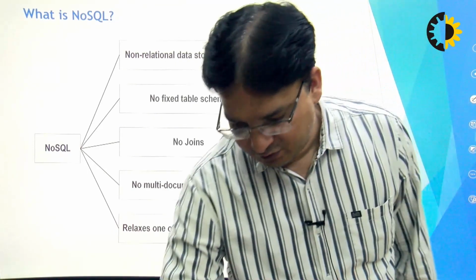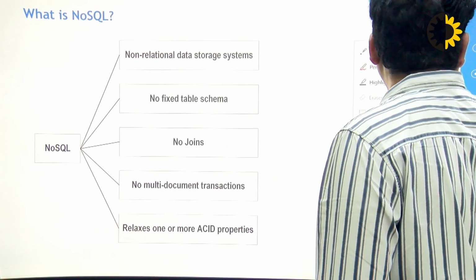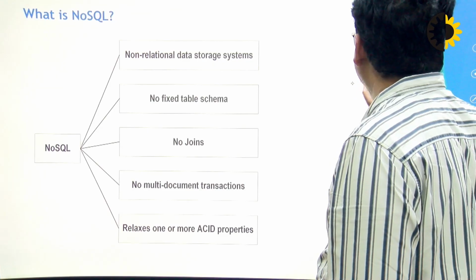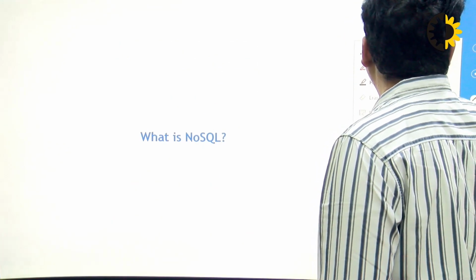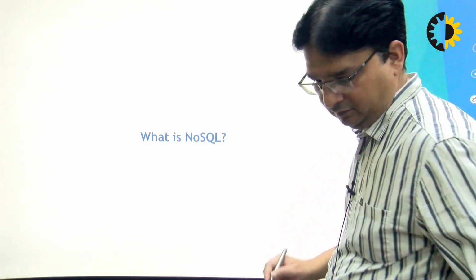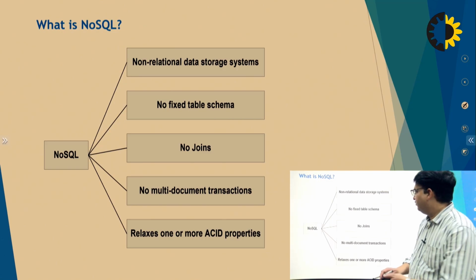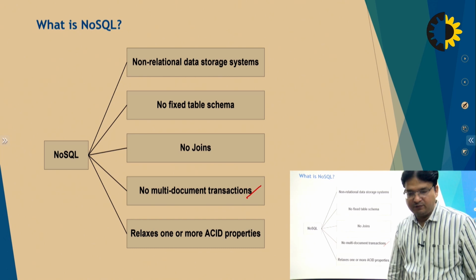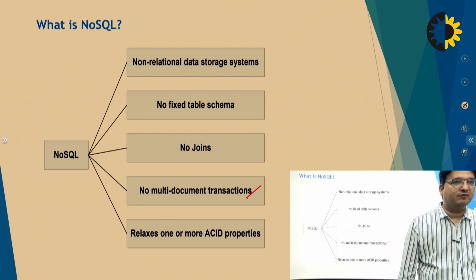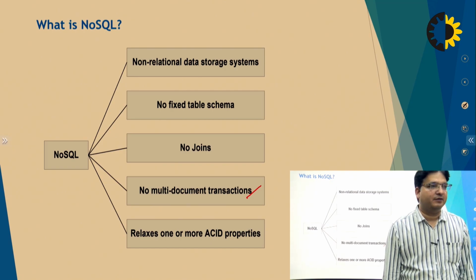There are no multi-document transactions, and it relaxes the ACID properties. That is, we need not adhere to all the ACID properties. We can also use the CAP properties.